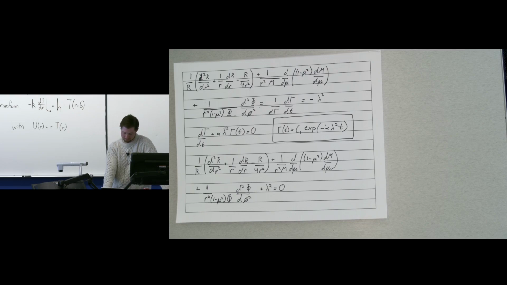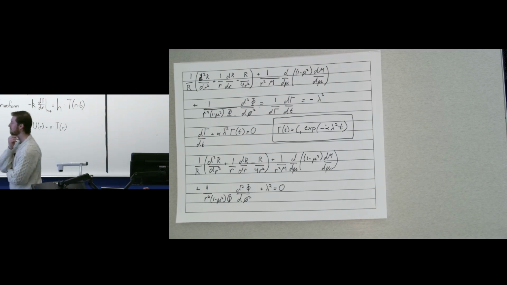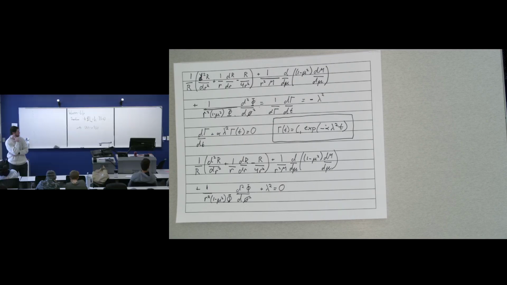You want to keep the r squared attached, but if you want to make it DD, how are you going to take this to the other side? Multiply the whole thing by... Maybe multiply by the neighbor's first, and then take it to the other side.